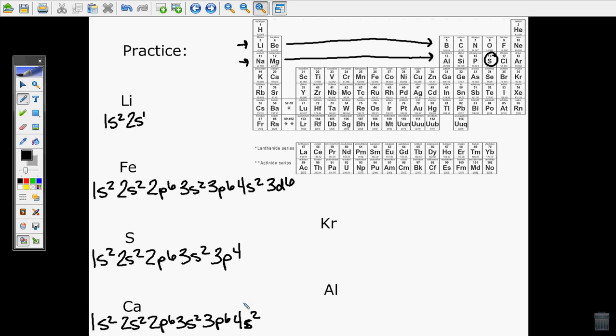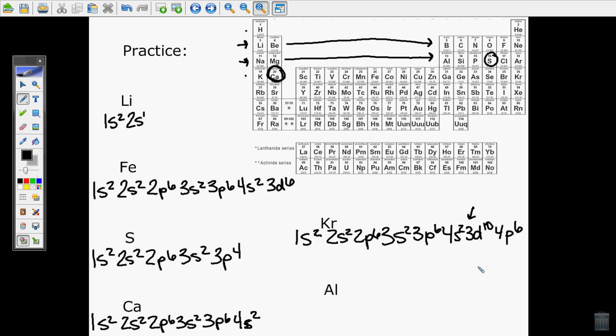Did you get 4s2? You see where calcium is, and this is the s block, and it's in period 1, 2, 3, 4. Try krypton now. Don't forget, after 4s2, you drop back down to the third energy level.